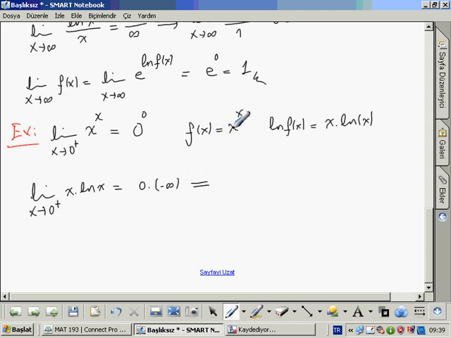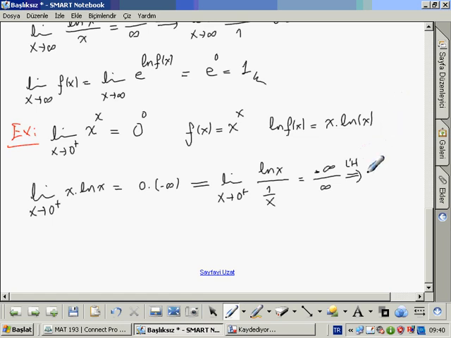After that, when you convert this type to infinity over infinity, that means ln of x over 1 over x, which is minus infinity over plus infinity.